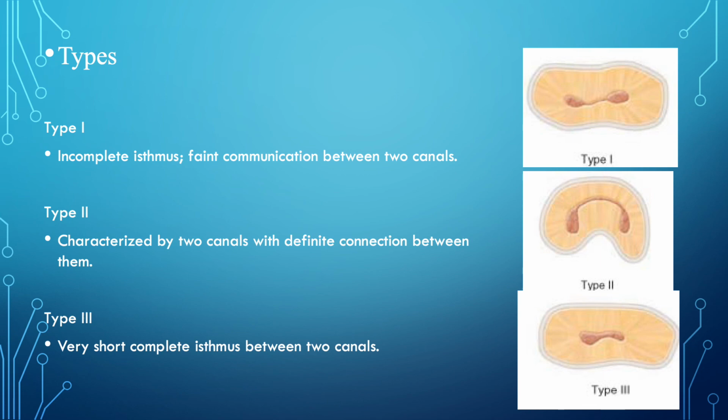They are type 1, which is an incomplete isthmus, that is, there is a faint communication between the two canals. Then there is type 2, which is characterized by two canals with definite communication between them. Type 3 is a very short, complete isthmus between two canals.